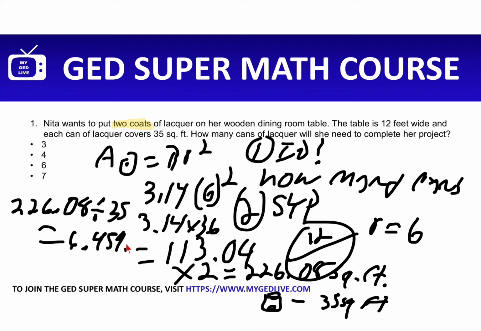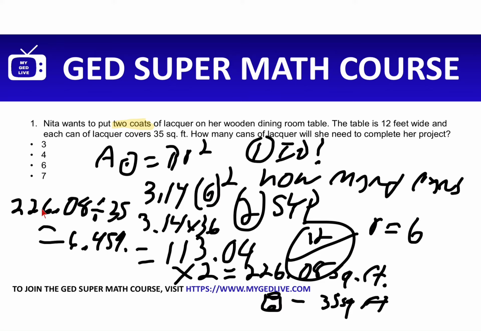But in this case, what we're looking at is there's 2 coats. And so 2 coats requires 6.4 cans or 7 cans. And so the idea is picking up on the fact that there are 2 coats of lacquer that are needed. And so the 113 gets doubled.